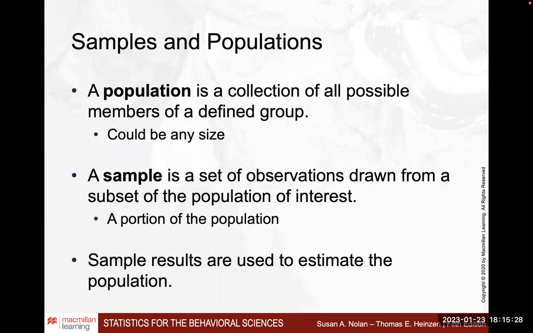Now the problem is that you cannot study each and every member of a large population. If you want to study the world population or the US population, this is extremely difficult. Therefore, you try to find a subset of your population that is representative and generalizable to your overall population.